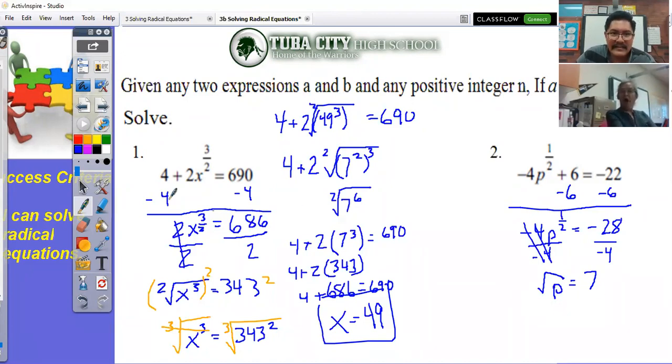But let's say you are stuck here, or maybe you want to do everything by the book. I'm going to square both sides on this. So square both sides. By squaring the square root, it's gone, right? It's been eliminated. That's the inverse.